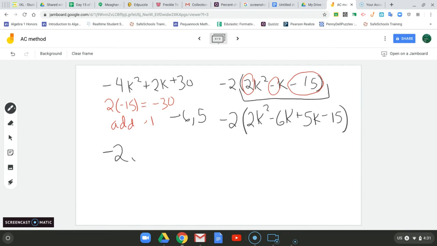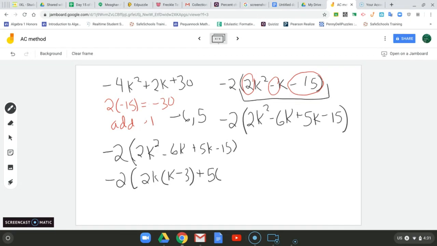And then we're going to put our 2k squared with our negative 6k, and we're going to put our 5k with our negative 15. Which gives us a negative 2. And then inside our parentheses, we're going to pull out a 2k, which leaves us with a k minus 3. And over here, we're going to pull out a 5, which leaves us with a k minus 3.